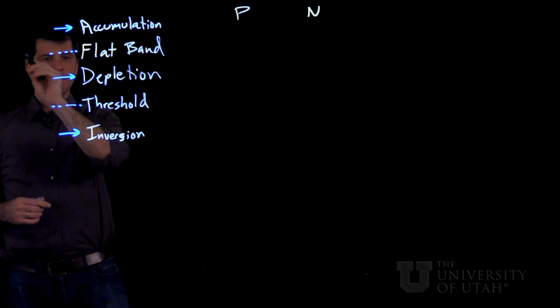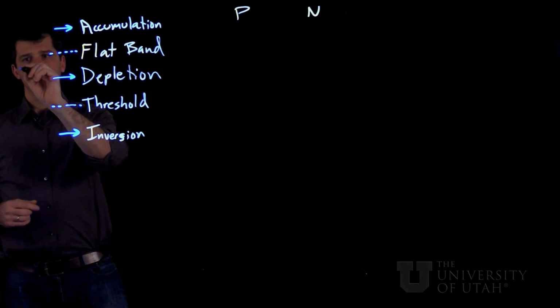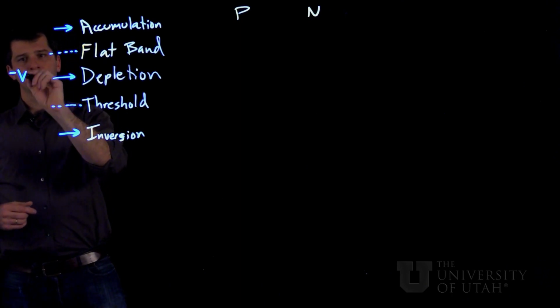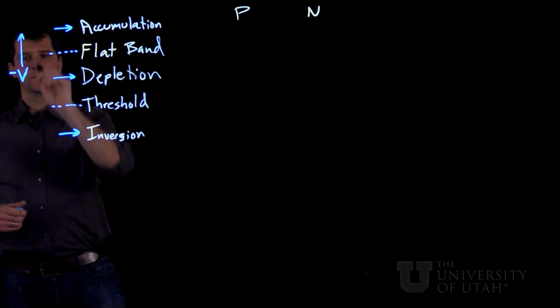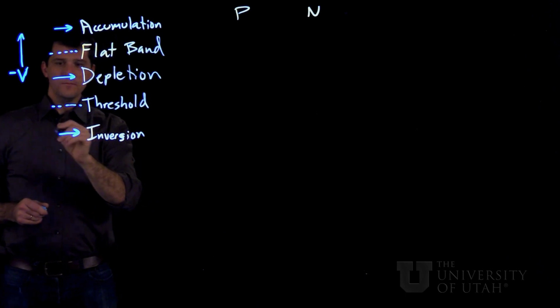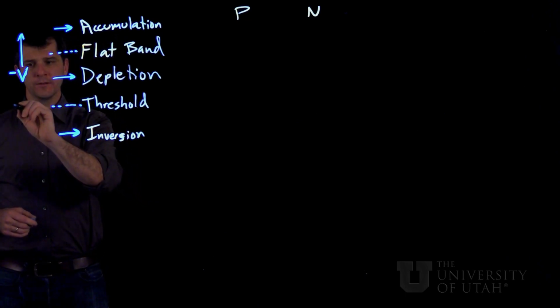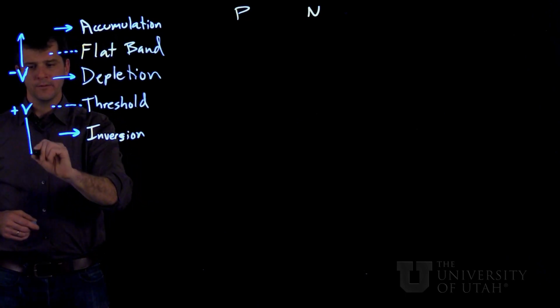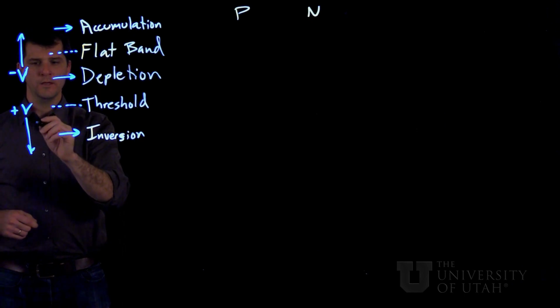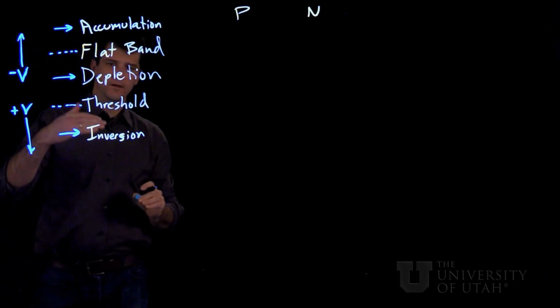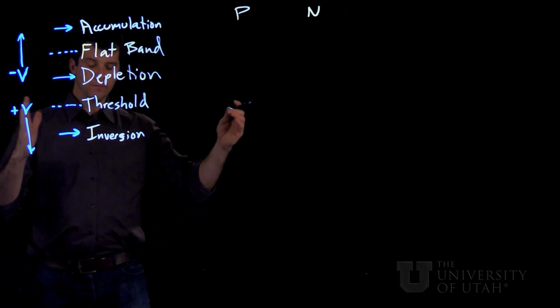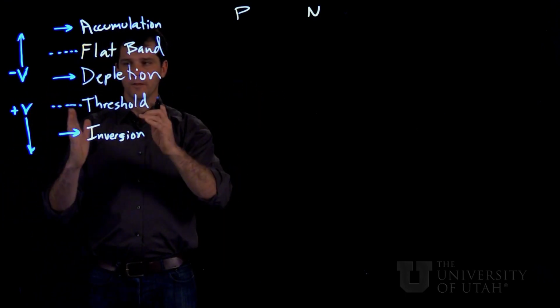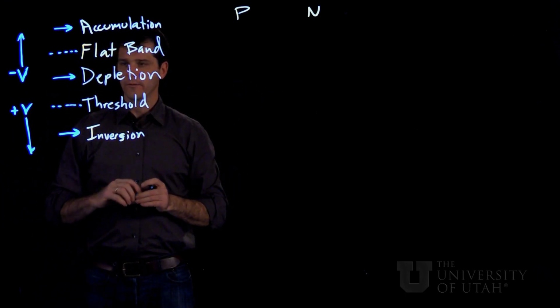And that means that this is going to be negative voltage applied for these regions. And then a positive voltage is going to have to be applied to the gate in order to get threshold and inversion, because you have to pull electrons towards the interface.